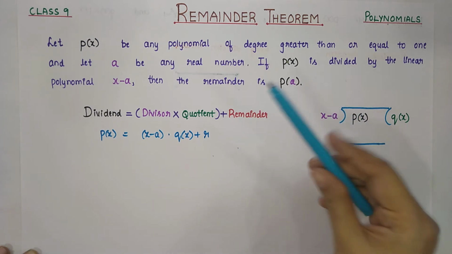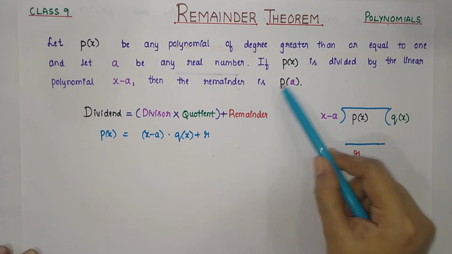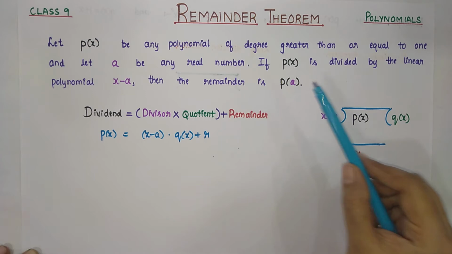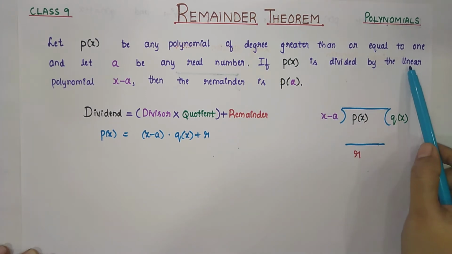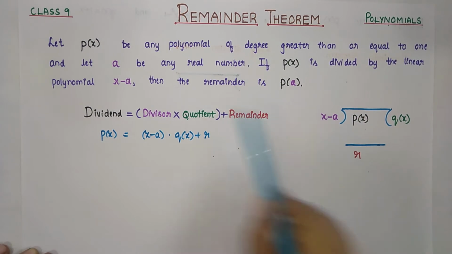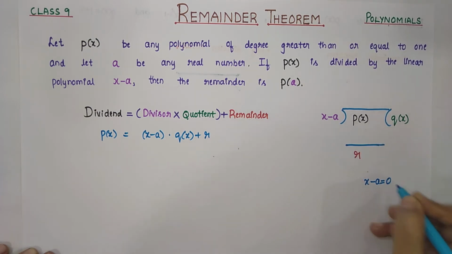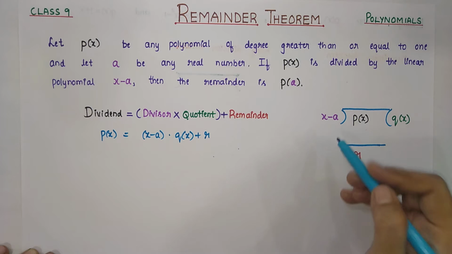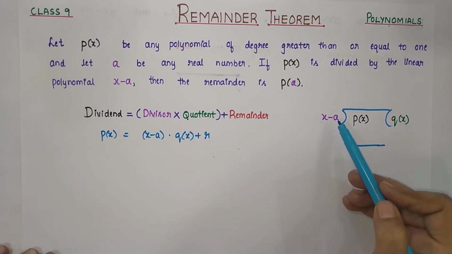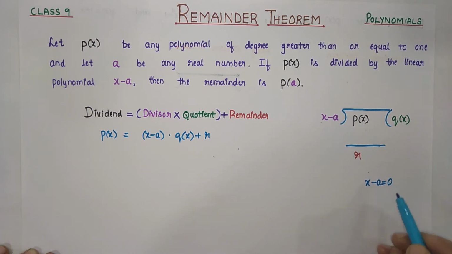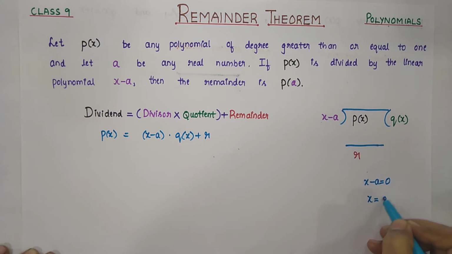And now we have to prove that the remainder r is equal to p of a. For that we consider the divisor, that is the linear polynomial x minus a equal to 0, so that we get the value of x. So by considering the linear polynomial, that is the divisor equal to 0, we get x equal to a.